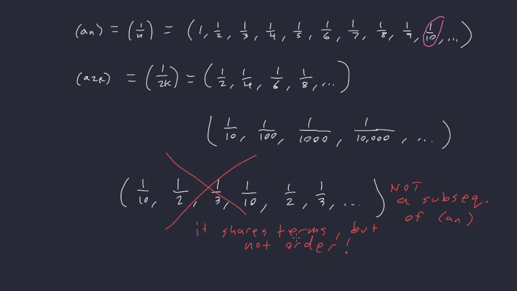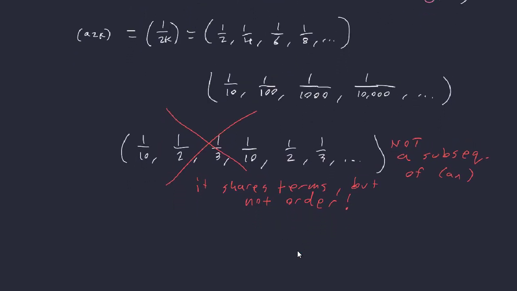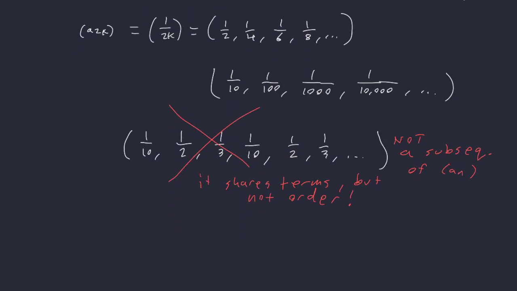And it repeats. So, for example, if I didn't repeat, but I was instead going 1 over 100, 1 over 99, 1 over 98, 1 over 97, this is also not a subsequence. It's the wrong order.